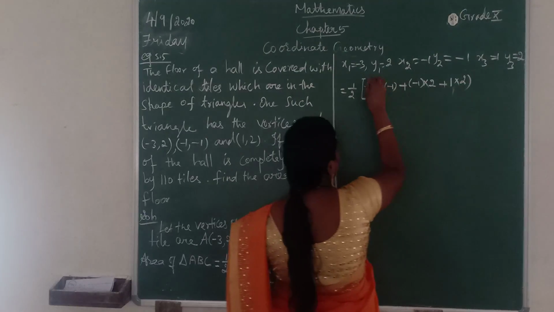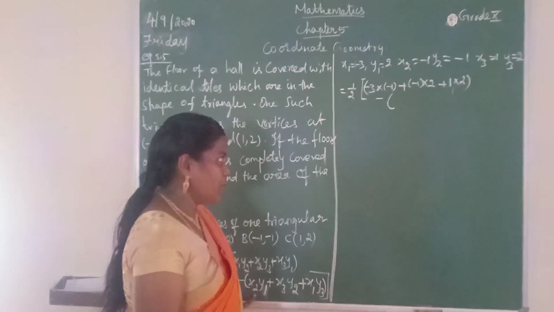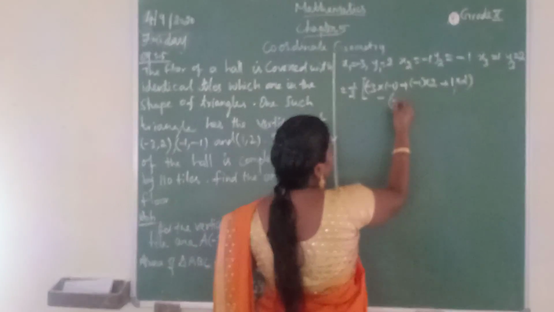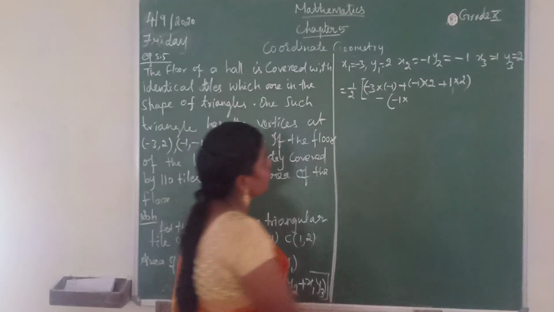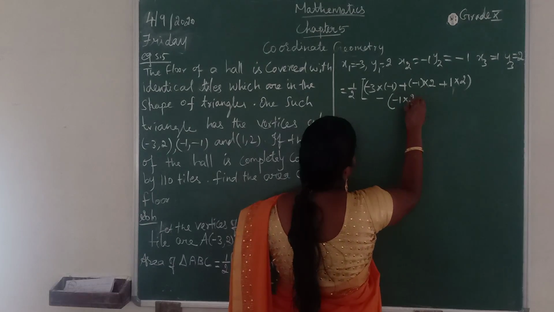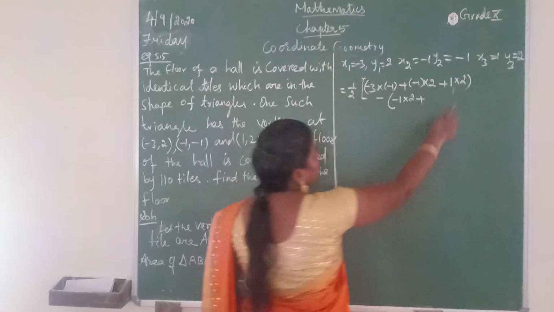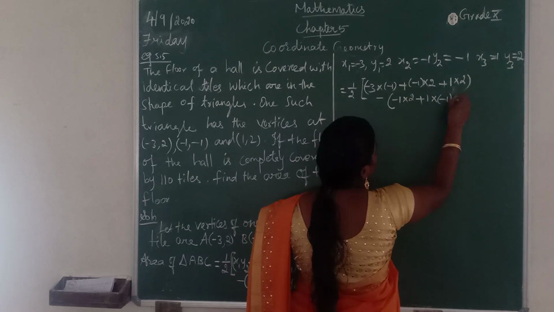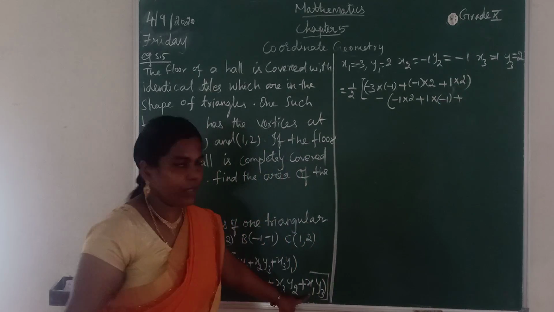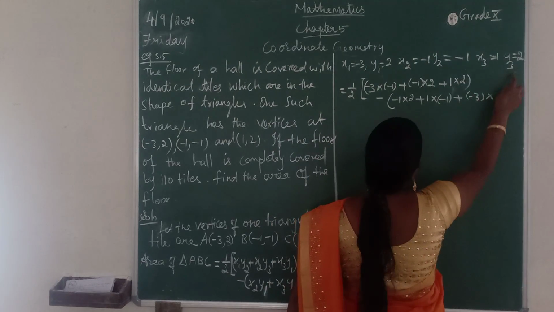Close the bracket. Minus of next two terms. Minus of x2 y1. That is x2 is minus 1 into y1 is 2, plus x3 y2. x3 is 1 into y2 is minus 1, plus x1 y3. x1 is minus 3 into y3 is 2.